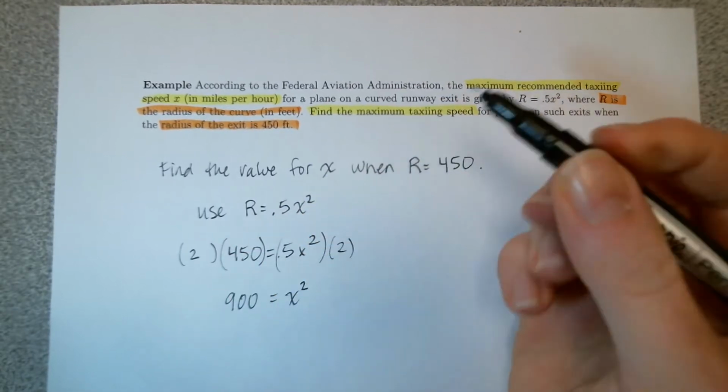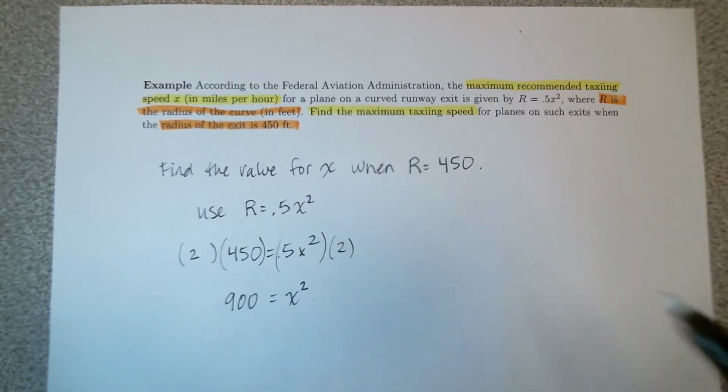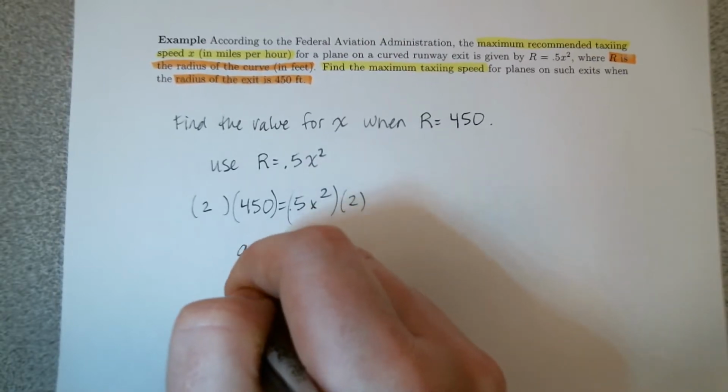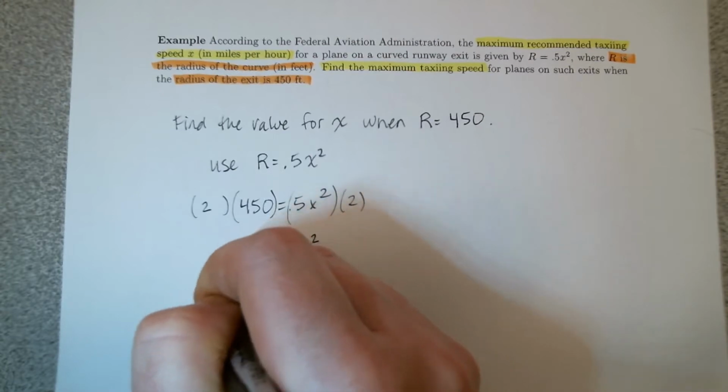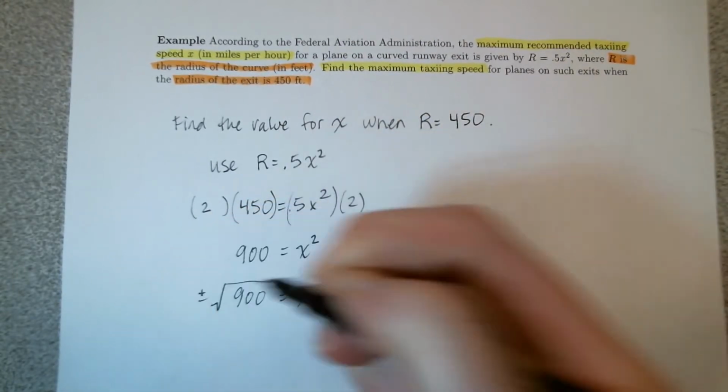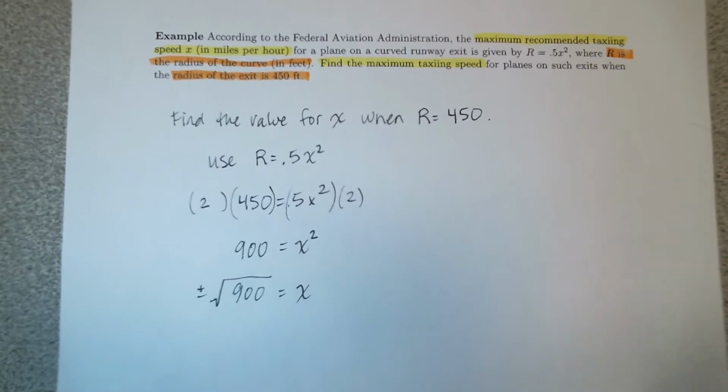Sorry, this is x squared. Okay, so I have something squared equal to 900. I really want to know what that something is, so I'm going to take the square root of both sides. And when I take the square root of both sides, I'm really using the square root property, so I need to remember my plus or minus.